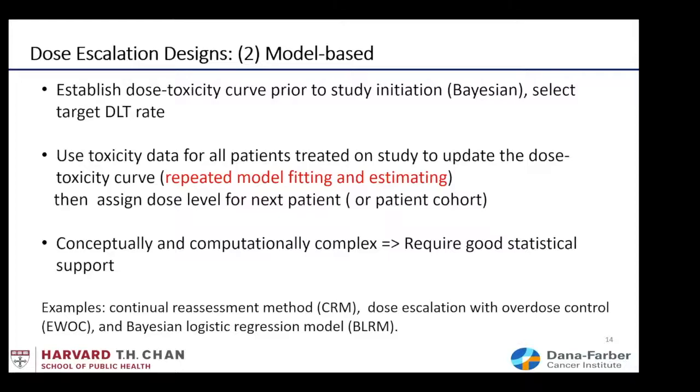Then they select the target DLT levels. After a patient, either 1 patient or a cohort, is treated on a dose level, this model always gets refitted, with repeated model fitting and estimating, to update the dose toxicity curve.